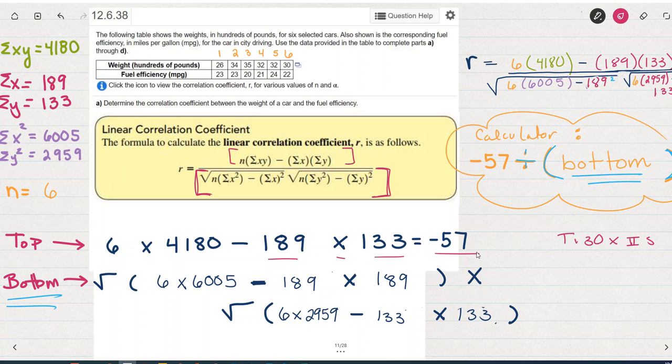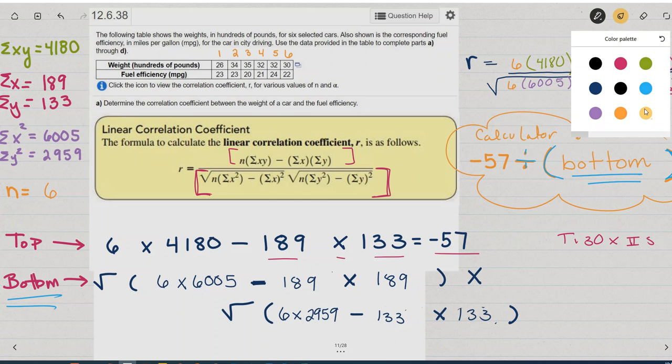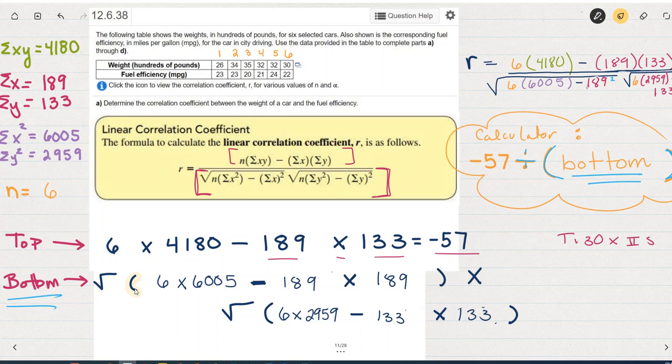For the denominator, I'm going to type in the square root. To get a square root on my calculator, I have to use the second function. So I'm going to hit second and then x squared, which gives me a square root. This parenthesis falls into place automatically on my calculator. When I type the square root, it automatically puts that first parenthesis.